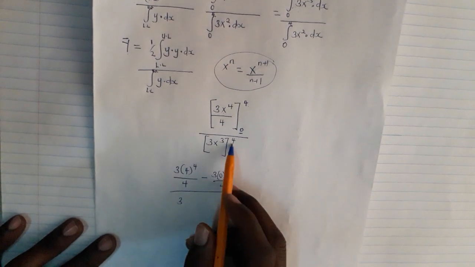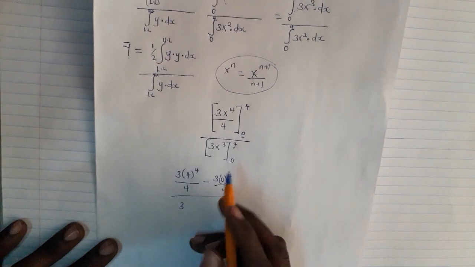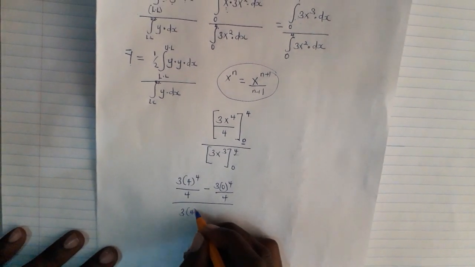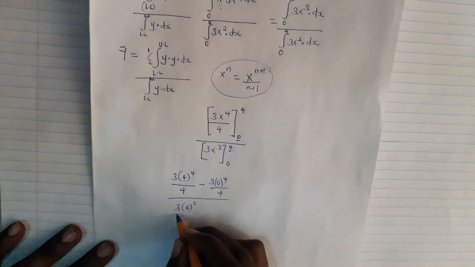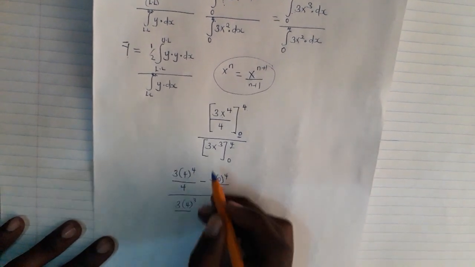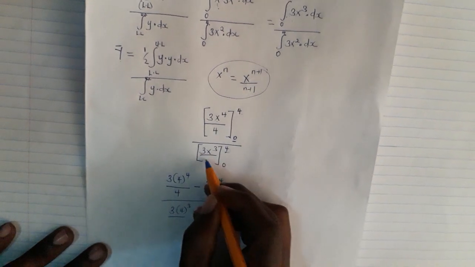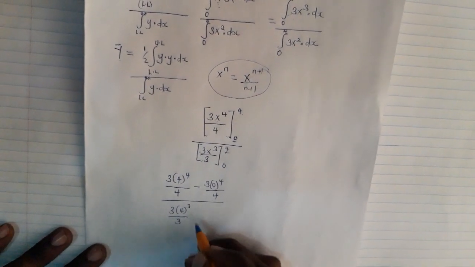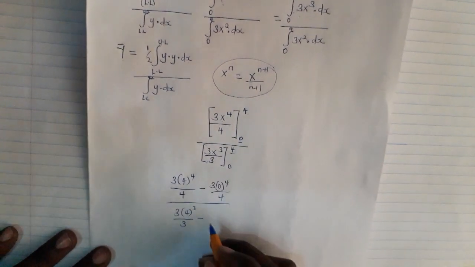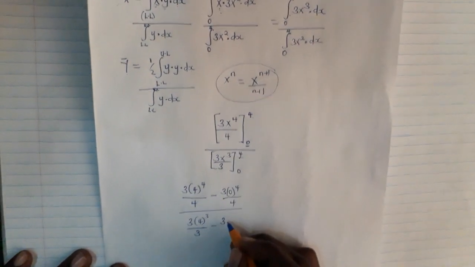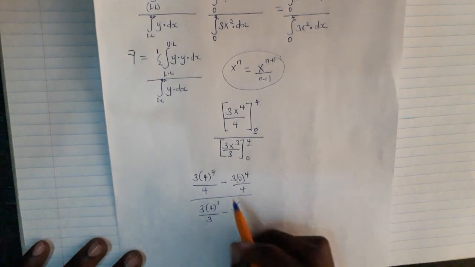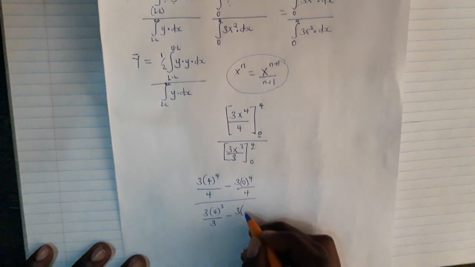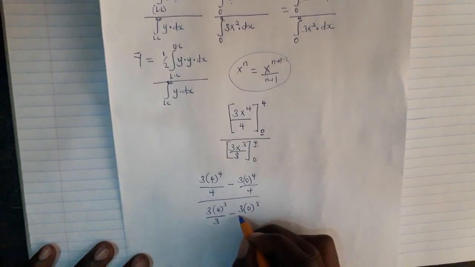So we start with the upper limit, so it is 3, 4 power 3, over, we have over the new power here, we had forgotten, so over 3, and then we subtract 3, we replace the value of x with our lower limit, which is 0 power 3 over 3.